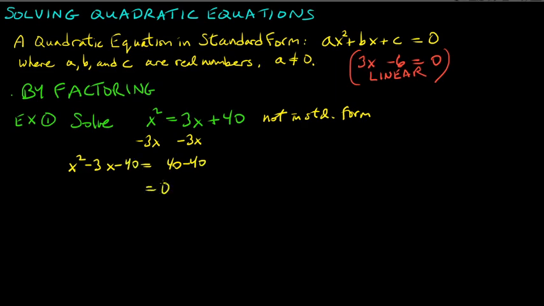That gives you 0 on the right, and x squared minus 3x minus 40 on the left. So this is now standard form. We can recognize it because a is 1, b is negative 3, and c is negative 40.